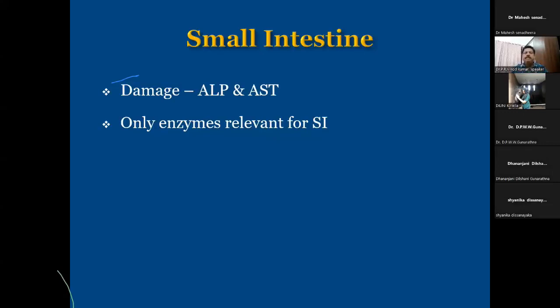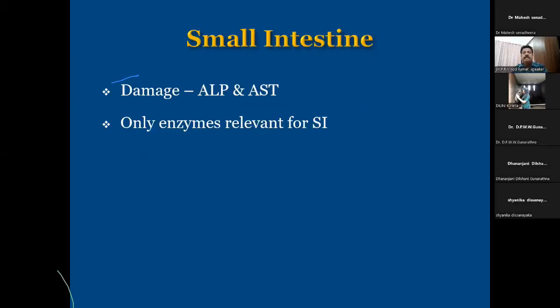When there is a small bowel obstruction, there will be stasis of the bile and all the bile will be reabsorbed, producing a hike in alkaline phosphatase. So with the clinical signs, if you see a hike in alkaline phosphatase, we can say there is small intestine obstruction. So also in parvo, corona, etc., there will be destruction of the mucosa of the small intestine. Then there will be a hike in the alkaline phosphatase.